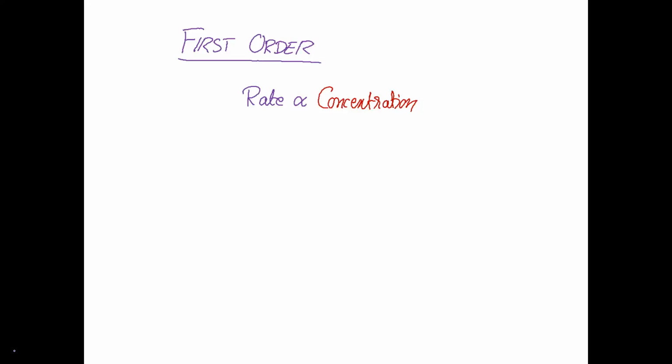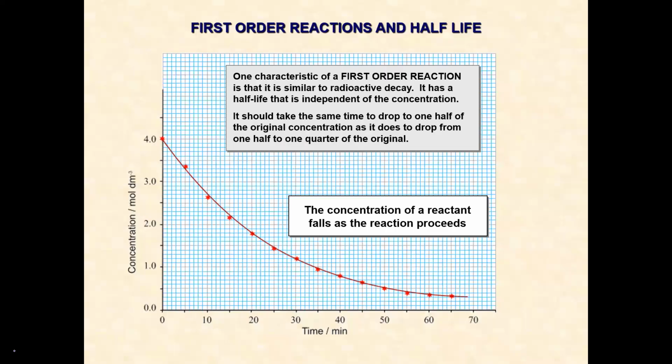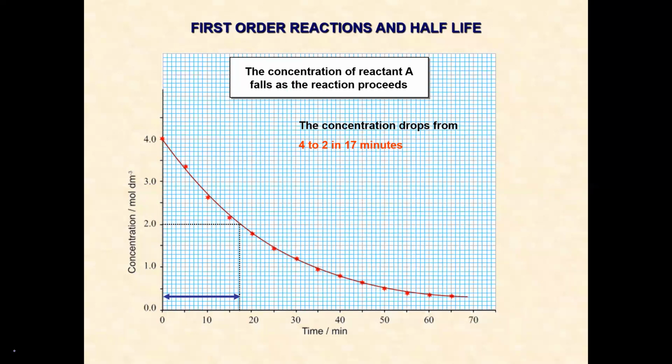Now, when you talk about a first order reaction, rate is proportional to concentration. So you will plot a concentration time graph of the concentration of the reactant as it proceeds. Now, what you do is, from the value of 4, you will come down to 2 because you are looking for half of the concentration.